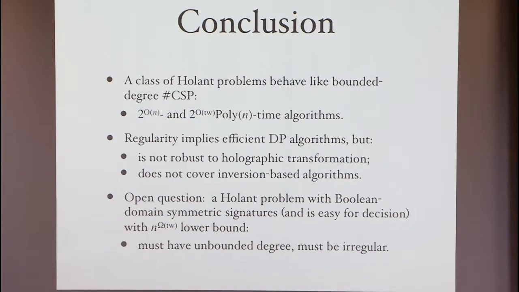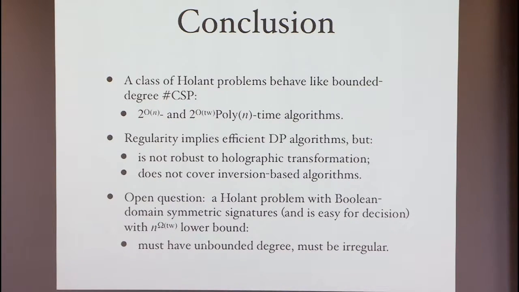An open problem is whether this is tight. We believe this is tight; we believe that this regularity can go up to n. So we believe there should be such a lower bound. There should be a Holant problem, which is easy for decision and hard for counting, with Boolean symmetric signature that has such an n to the treewidth lower bound, assuming the exponential time hypothesis.